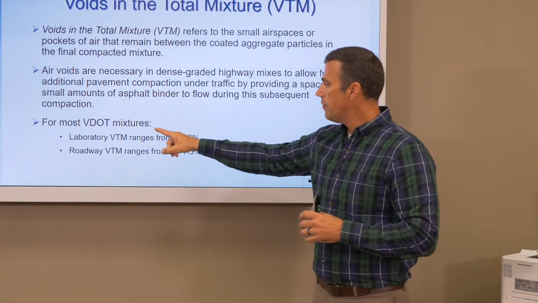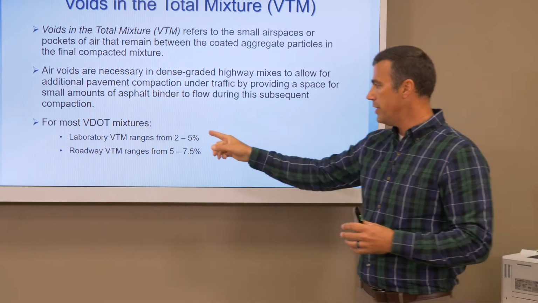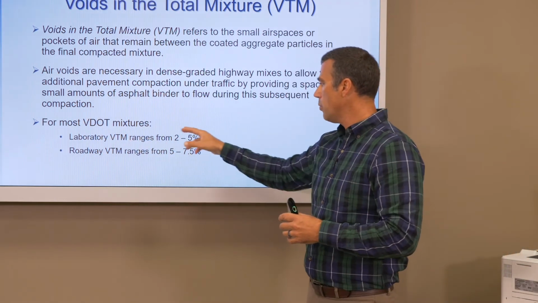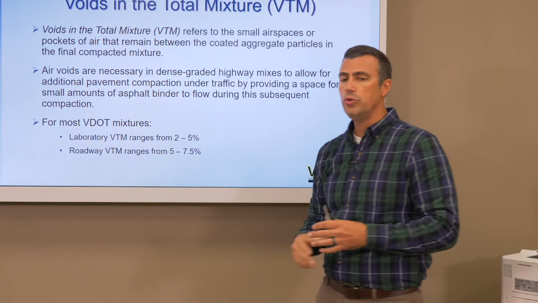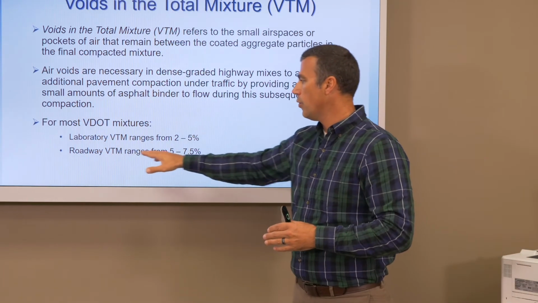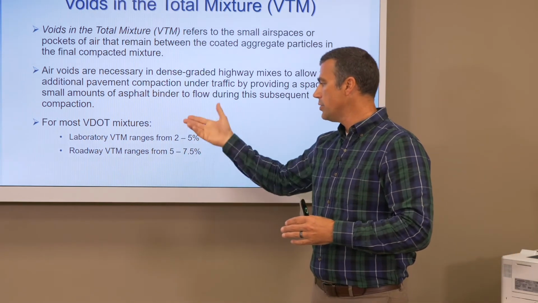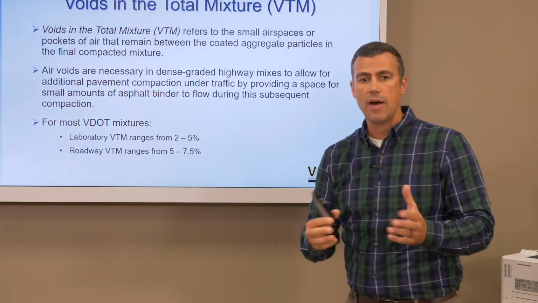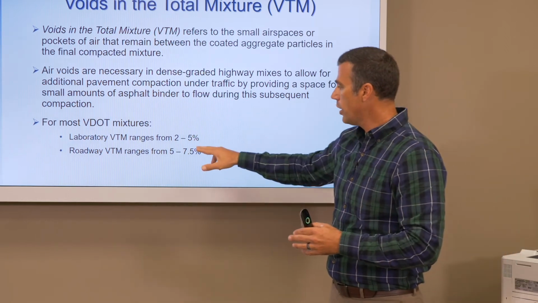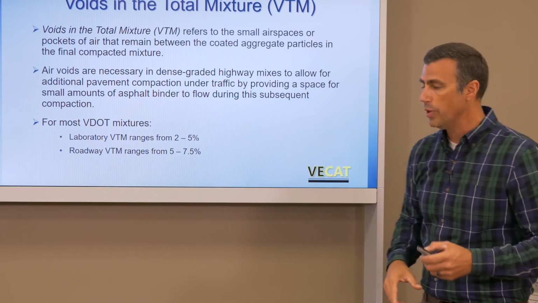For most of our VDOT mixtures, typical ranges of air voids or VTM in the laboratory are usually in the neighborhood of 2 to 5% air voids. In the field, when we're compacting out on the road behind the paver with the rollers, generally our air voids are going to be higher at that point, maybe 5 to 7.5. And then we're going to expect traffic to take it back down closer to that laboratory air void range.